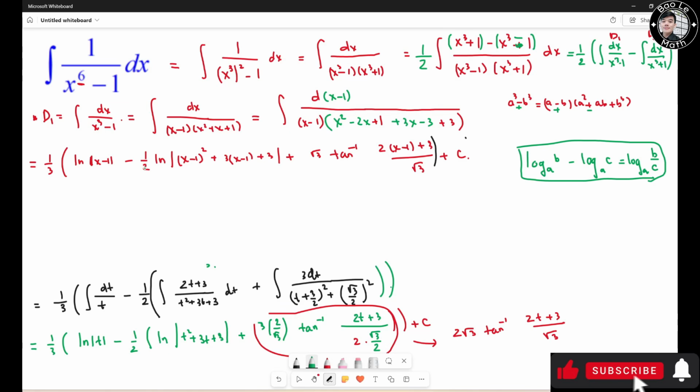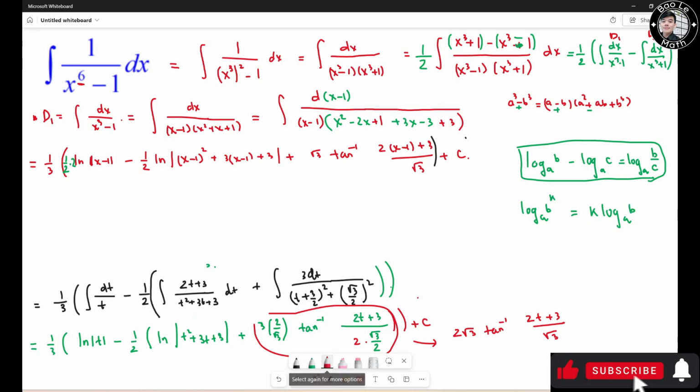I have 1/2 right here, so I cannot do it yet. So I need to multiply by 1/2 and 2, right? 1/2 multiplied by 2 is still 1, right? Now the 2 right here, I just put back over here. I have log base A of B to the power of K. It's going to be K log base A of B.